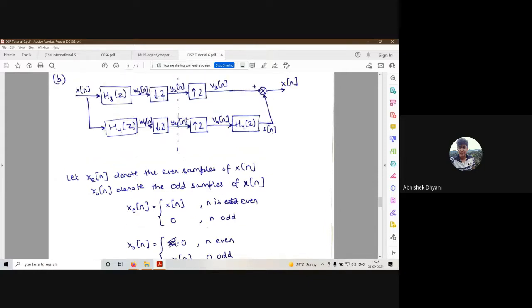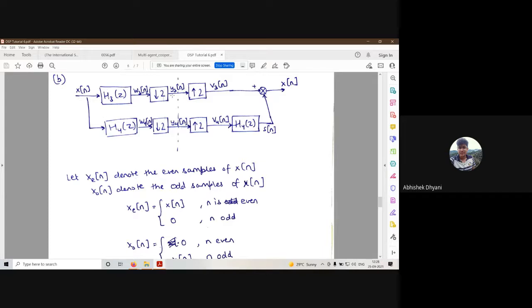So first of all, let's start with the first part, w3n, y3n, and v3n. Let us first look at what y3n is. y3n is nothing but w3 of 2n, because it is being passed through a downsampler of 2, so its time index will change. And w3 of 2n is nothing but x of 2n, because h3 is 1.